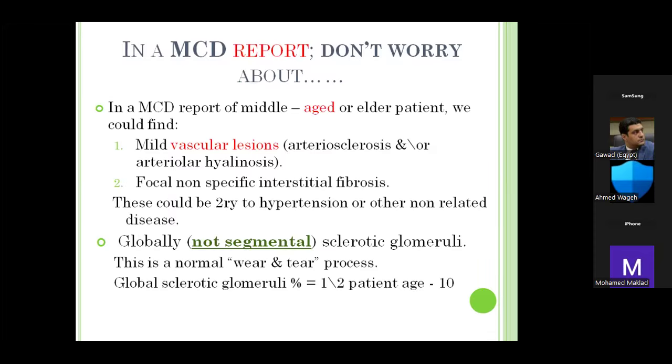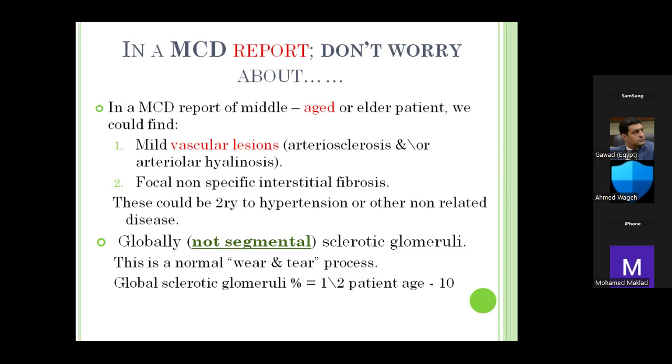In a minimal change disease, on the other end of the spectrum, don't worry about it. So as we worry about unsampled focal segmental glomerulosclerosis, we need to unworry about something in a report of minimal change disease.